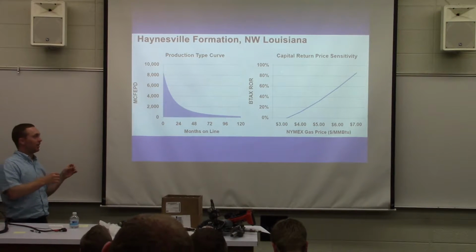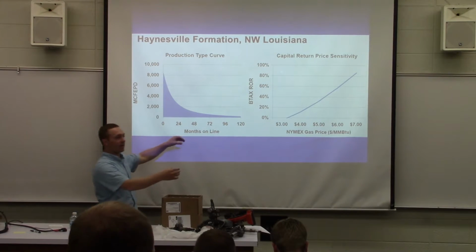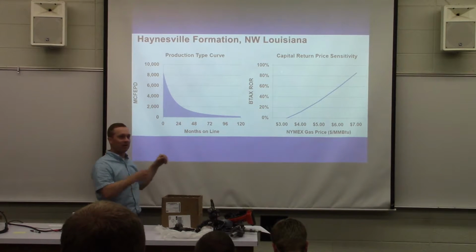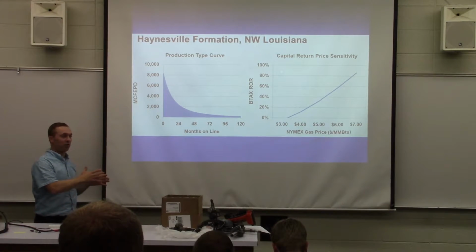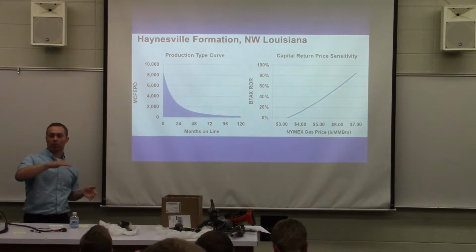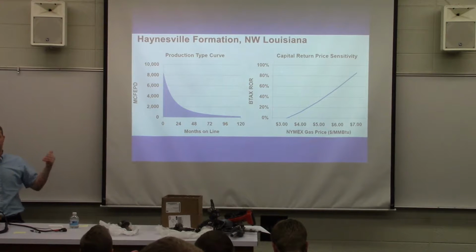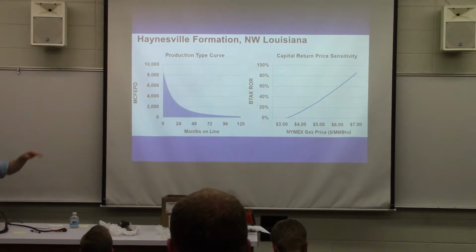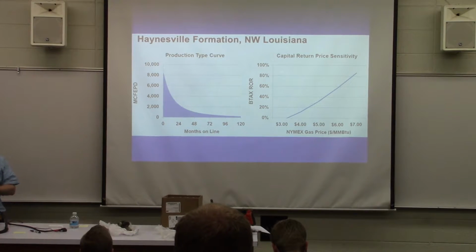When we build a processing plant downstream of that, we don't want our processing plant inlet to have that same profile. They'll have a drilling program over many years where they're drilling a lot of wells to keep the total production constant. But if you didn't know, you see similar type curves for oil wells as well. You get most of the production on the front end.